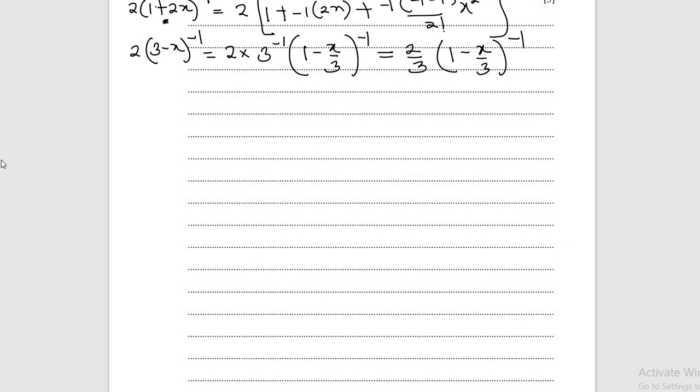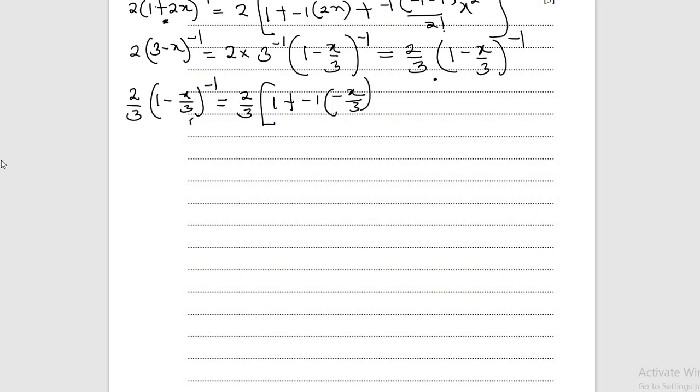So we want to expand this 2 over 3, (1 minus x over 3) to the power of minus 1, using that same formula. The 2 over 3 is outside. The formula is 1 plus nx, n is minus 1, and x in this case is minus x over 3.